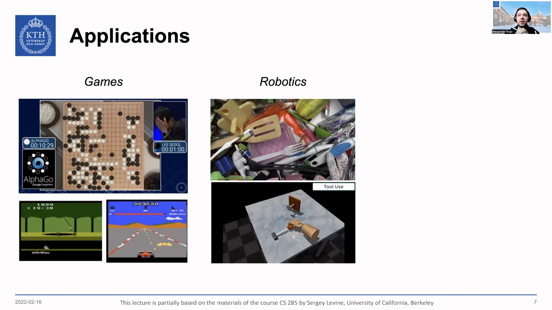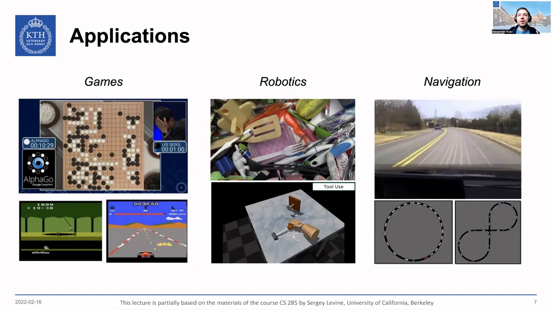Ultimately, we want these consequences to be the task performed correctly. There are plenty of applications where reinforcement learning has been used to pick up an object from a pile of different objects, or perform some manipulations with tools, again, to successfully complete a task.